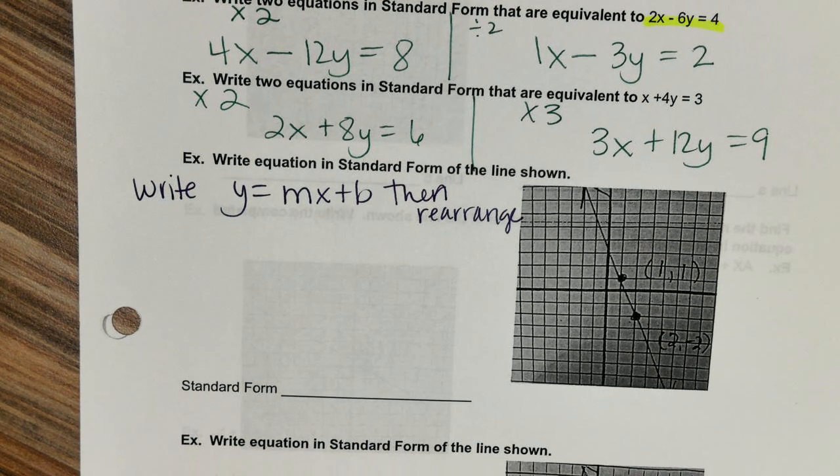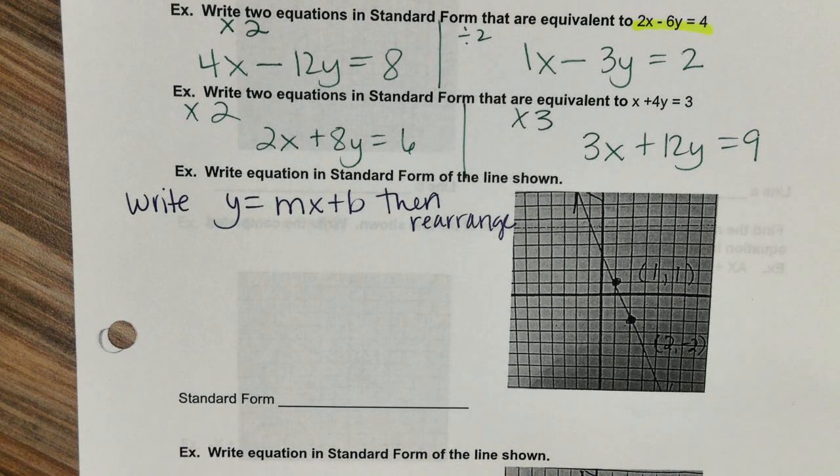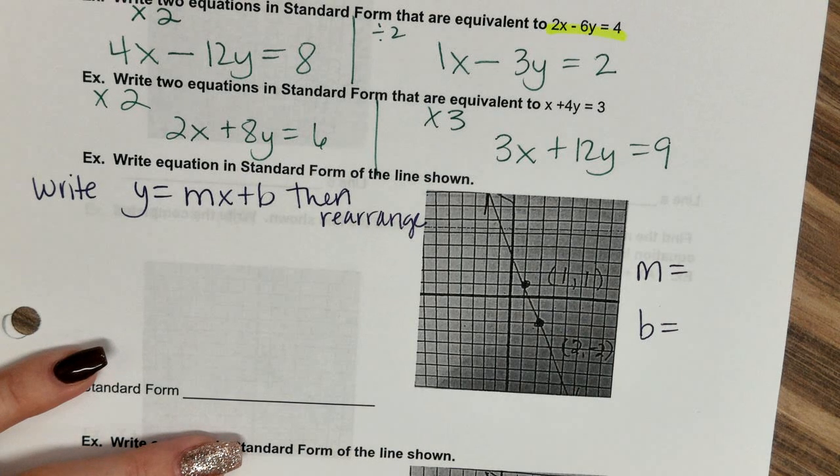All right, so you could either use stat or you could just write it because you know the slope and the intercept, yes? So if it's easy, like you can see the slope and the intercept, I would just do slope-intercept. But if it's not easy and the intercept's passing through like a decimal, then go ahead and use your stat button.